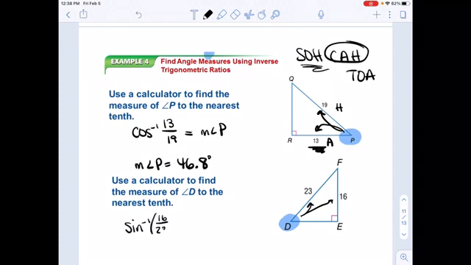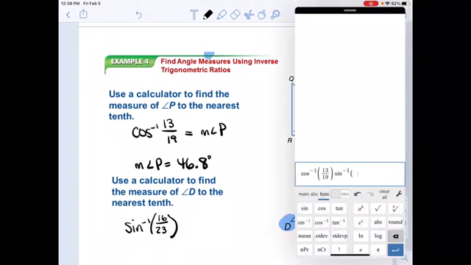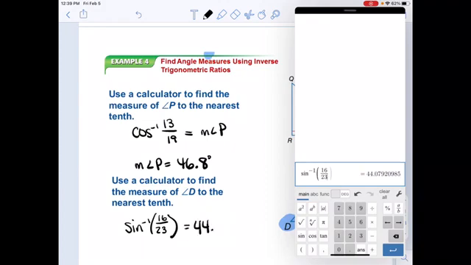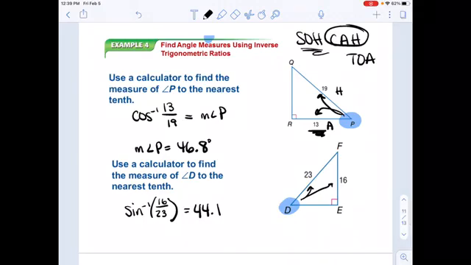We take the opposite over the hypotenuse, grab our calculator, do the inverse sine of 16 divided by 23, and we end up getting that degree is 44.1. Now these are two different problems, that's why they do not add to equal 90, but this is actually the measure of angle D.